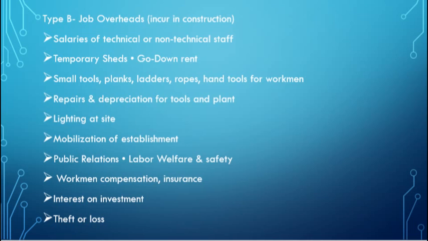Temporary shed, godown rent, small tools, planks, loader, ropes, hand tools for workmen, repair and depreciation of tool and plant, lighting at site, mobilization, establishment, public relations, labor welfare, safety, workmen compensation, insurance, interest on investment, theft or loss. So these are common.